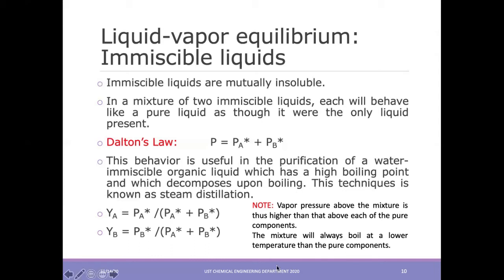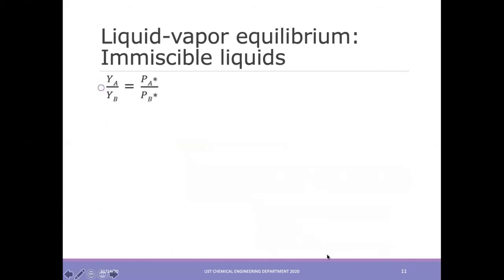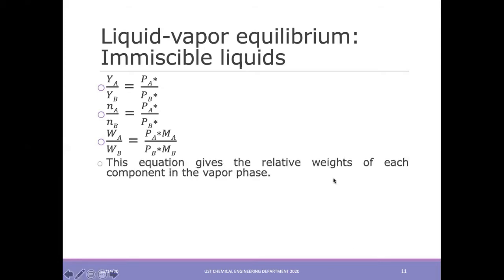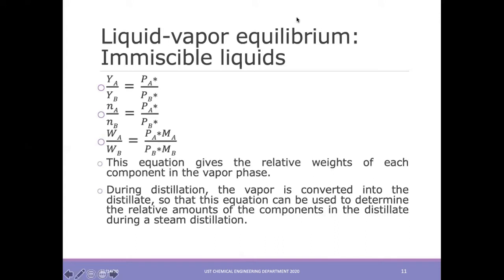Now, to continue this equation, YA over YB is equal to PA asterisk over PB asterisk. In terms of number of moles, NA over NB is equal to PA asterisk over PB asterisk. In terms of weight, the ratio of the weight of A over the weight of B is equal to the ratio of the products of vapor pressure multiplied by molecular weight.